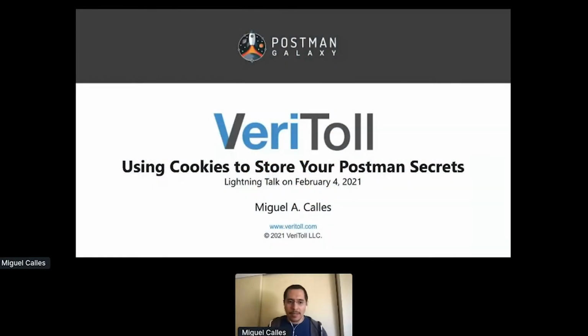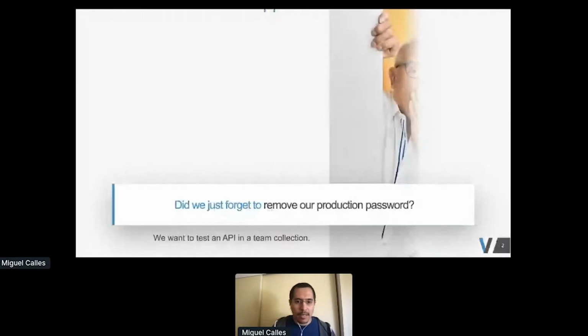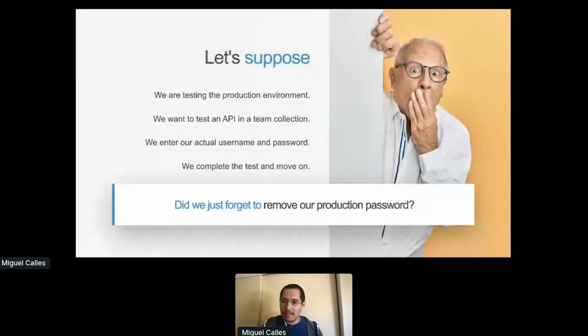I am going to be sharing how you can use cookies to work with your secrets in Postman. Let's talk about a couple hypothetical scenarios why this might be important. Suppose we have a production environment and we want to log in with our production account and we forget to remove it.